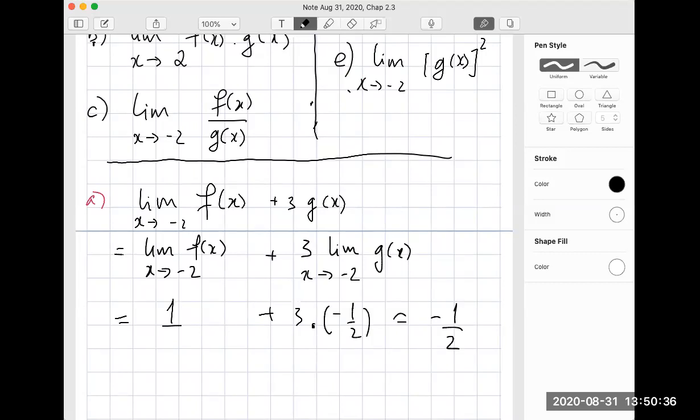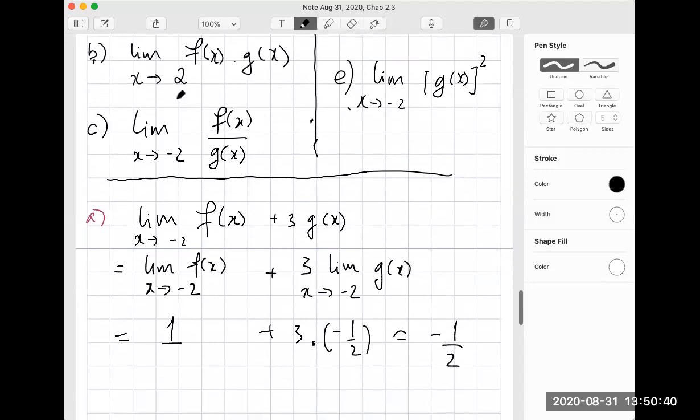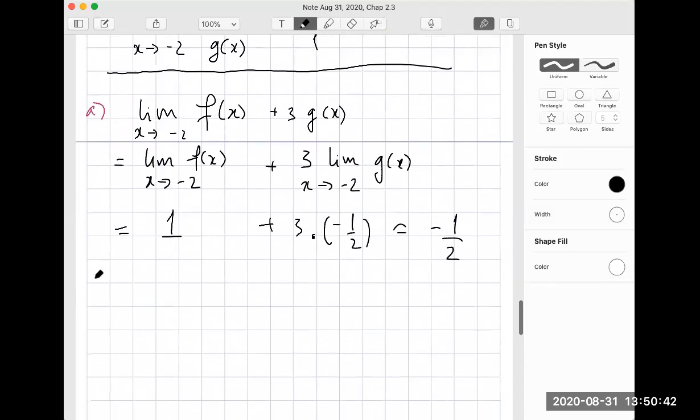So let us move to B, the limit of a product. Limit of f of x times g of x when x approaches 2, right?